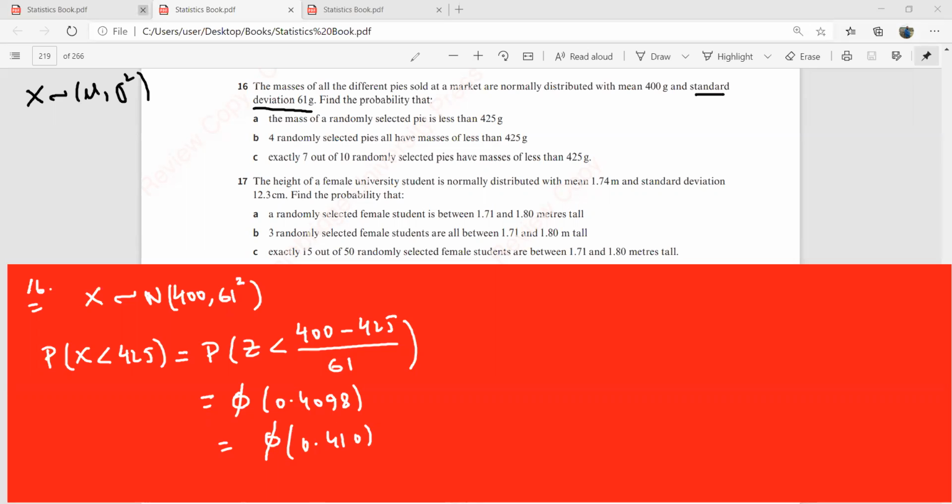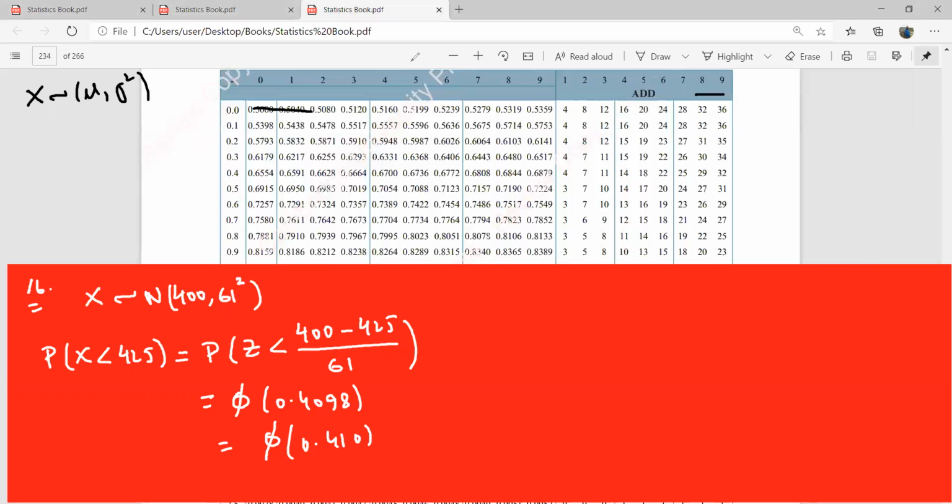Let's go to the table then. Here is 0.41 and I have 0 here, so there's no 0. This is 0.6591. Put up to 3 significant figures, I can write it as 0.659.